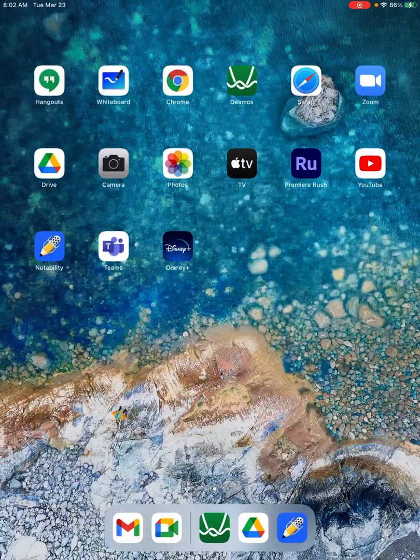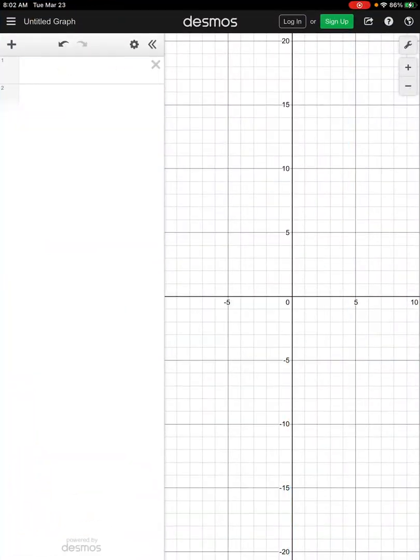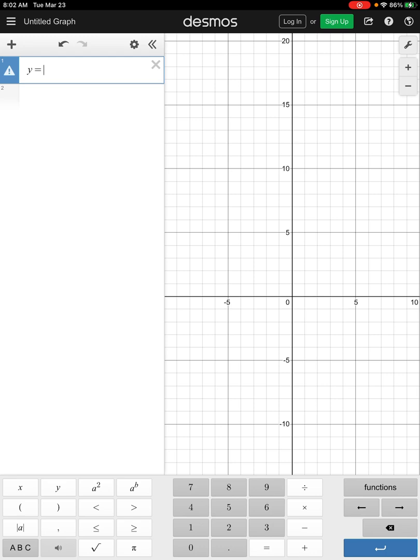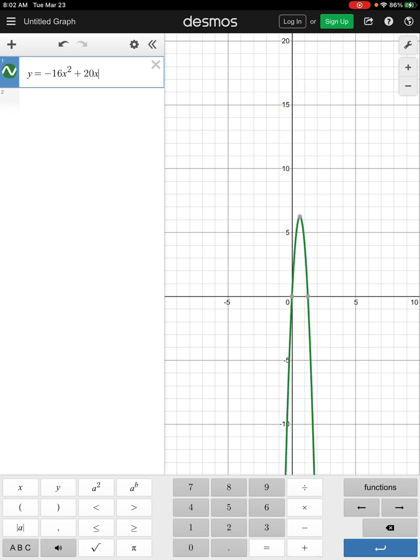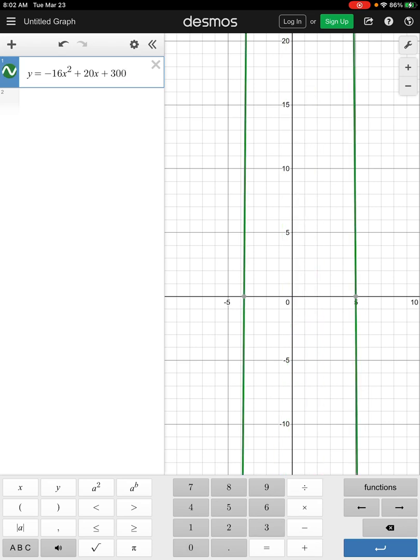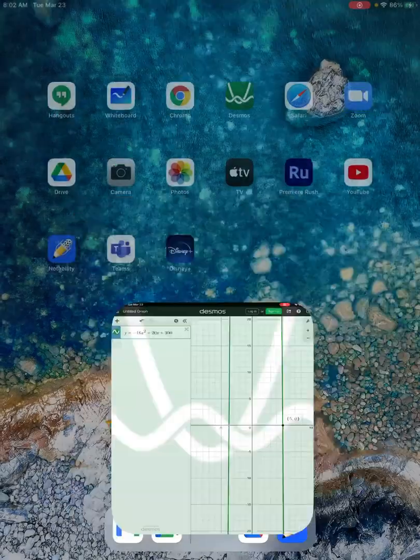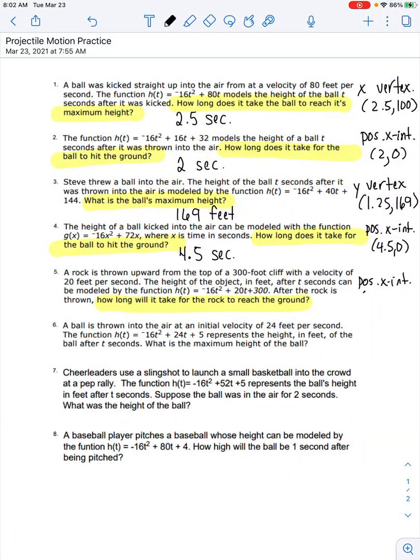So we want to graph this equation. y equals negative 16x squared plus 20x plus 300. And the question was, how long until it hits the ground? So my positive x-intercept is 5, 0. So it took 5, and rereading the problem, it was measuring time in seconds.